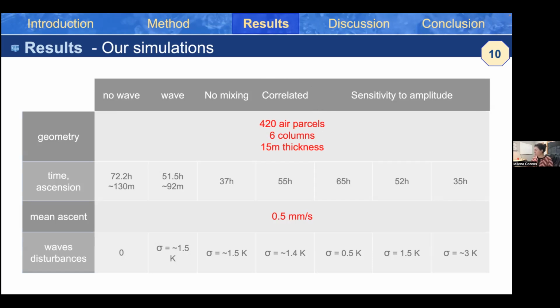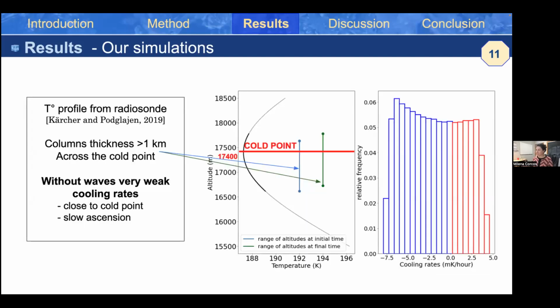Okay, so now that we have our set of simulations, let's start by looking at what they consist of. Our air parcels follow this temperature profile, the middle panel on this slide. This temperature profile is from radiosonde measurements in the tropical band from Karcher and Podglajen 2019. The domain that we represent is more than 1 kilometer thick, as represented by the vertical blue bar here.